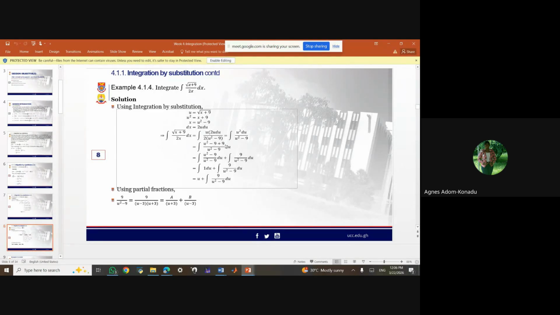Minus 9 plus 9 is still 0, divided by u squared minus 9. And then I can rewrite it as u squared minus 9 over u squared minus 9, then plus, I'm left with the positive one, which is 9 over u squared minus 9. So I separate them, du.